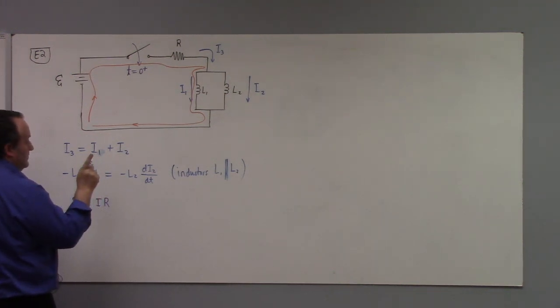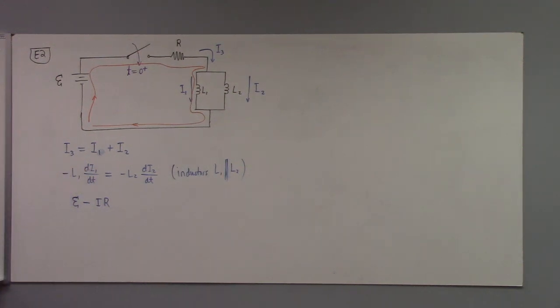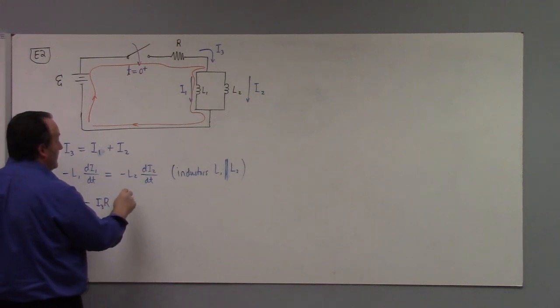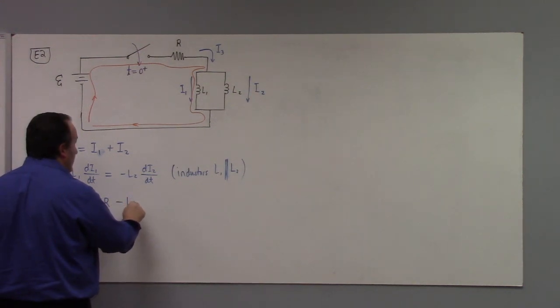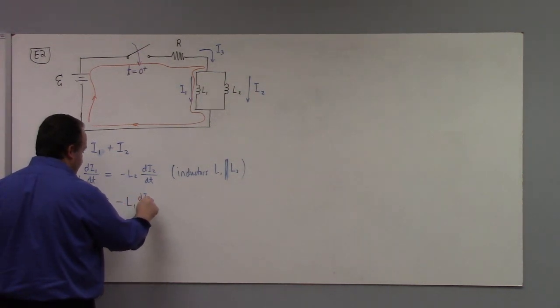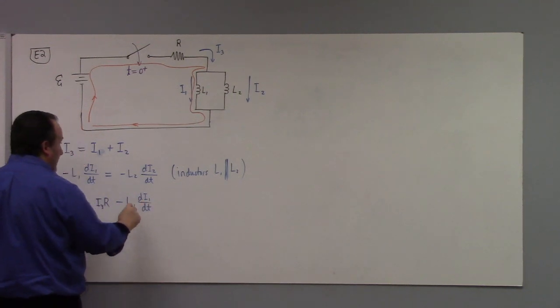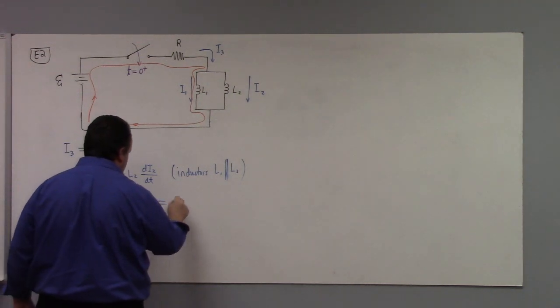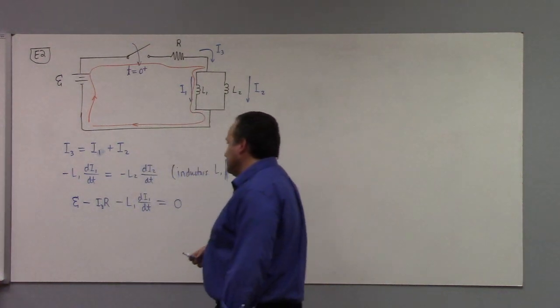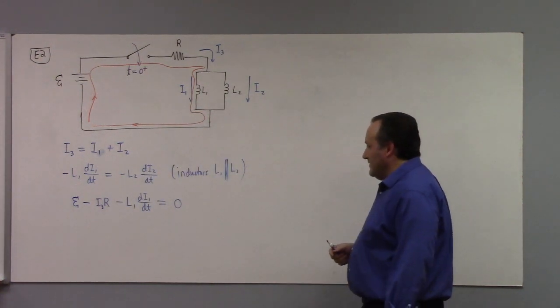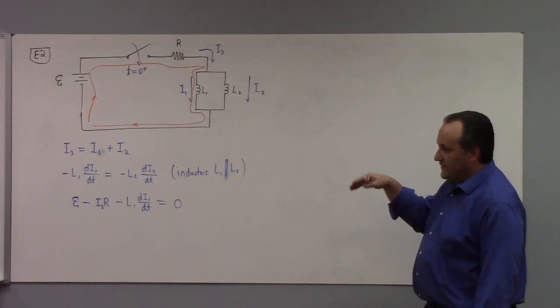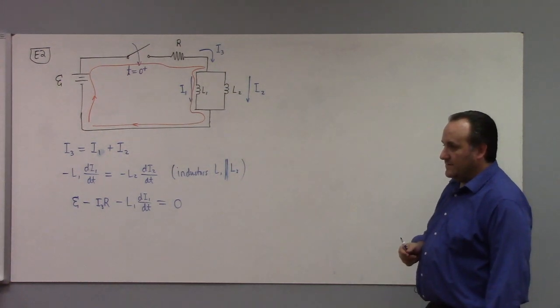And which I? Be careful, which I? I3, right? E minus I3R minus L1 di1/dt is equal to 0.